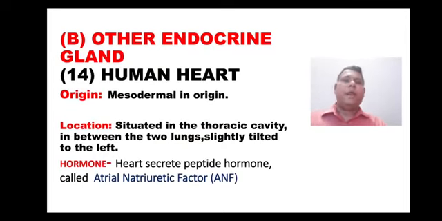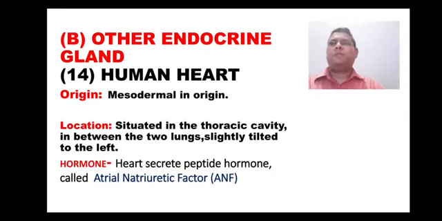Other endocrine glands. Example, the human heart. The human heart is an organ that pumps blood throughout the body via the circulatory system, supplying oxygen and nutrients to the tissues and removing carbon dioxide and other wastes.